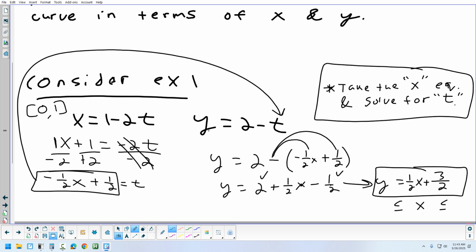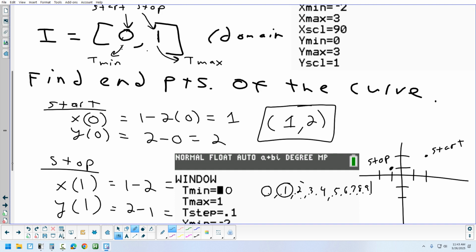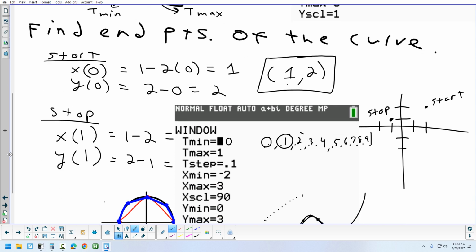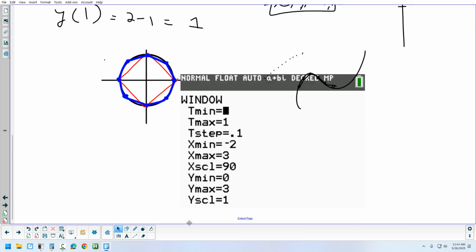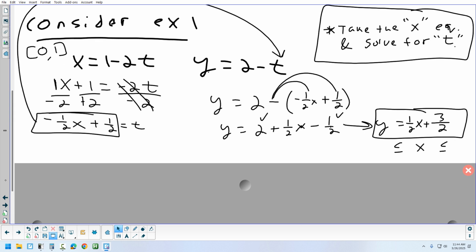But we already did that right here. What was my starting x value? 1. When we filled in 0, we got 1. What was my stopping x value? -1. So this graph was supposed to start at an x value of 1 and stop at -1. That's what I need to be between -1 and 1.